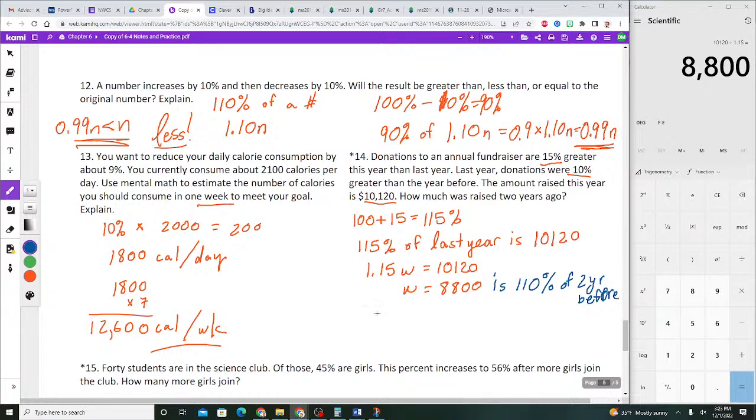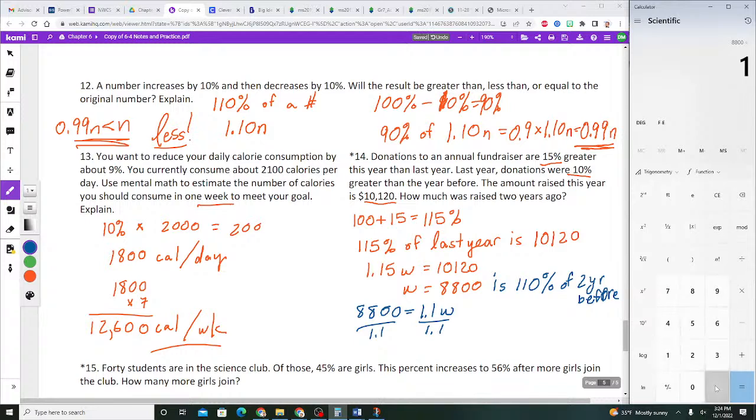So we're going to do this again. 8,800 is 1.1 W. So we divide both sides by 1.1. So 8,800 divided by 1.1 gives us 8,000. $8,000 was raised in the fundraiser 2 years ago.